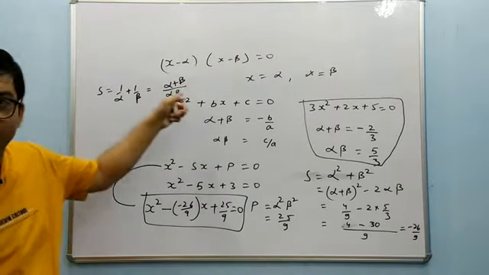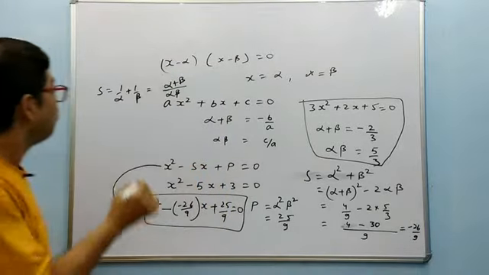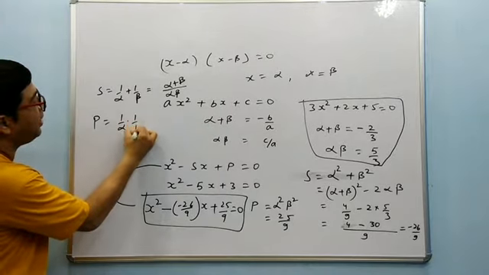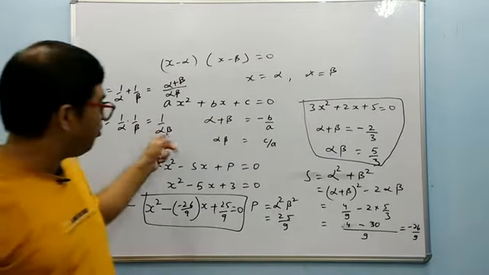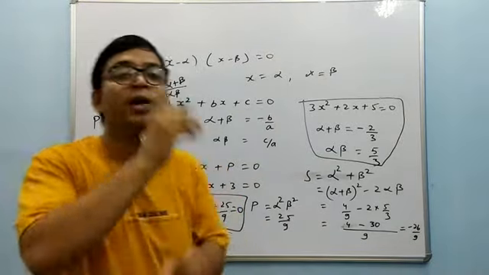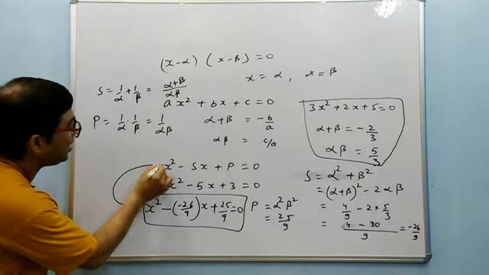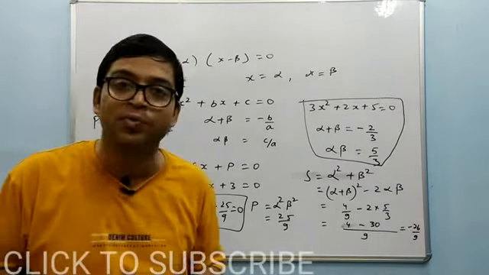We will just put the value of alpha plus beta and alpha into beta. We will get S easily. What is P here? P will be 1 by alpha into 1 by beta. That is 1 by alpha beta. We know the value of alpha into beta. We'll put it here, we will get P. Once we get S and P, we can get the equation very easily from here: x square minus Sx plus P is equal to 0.